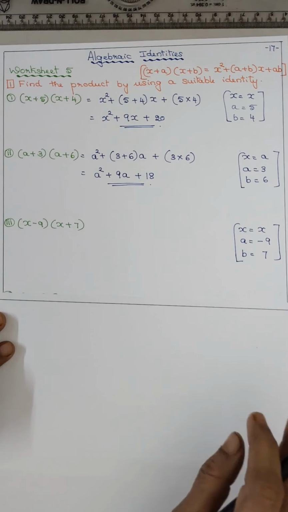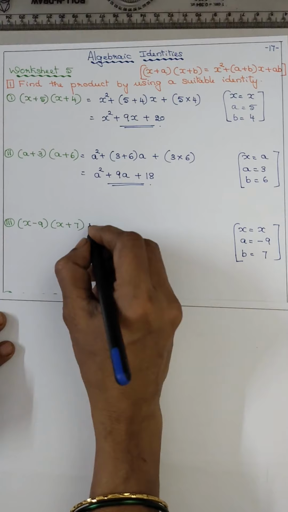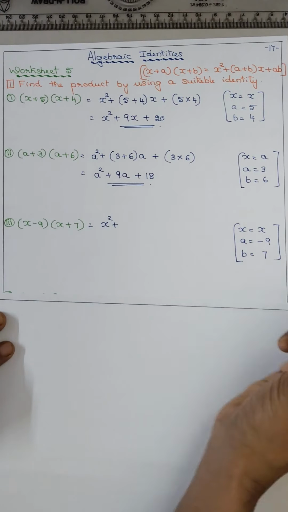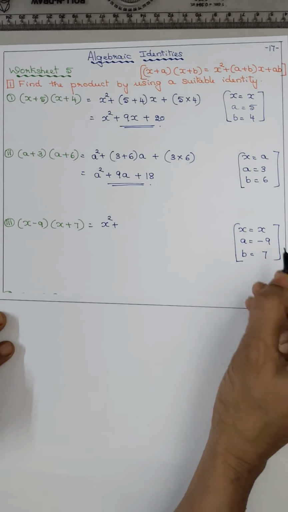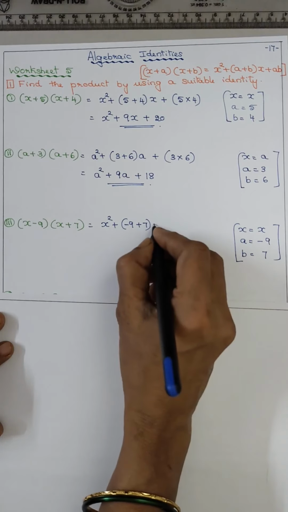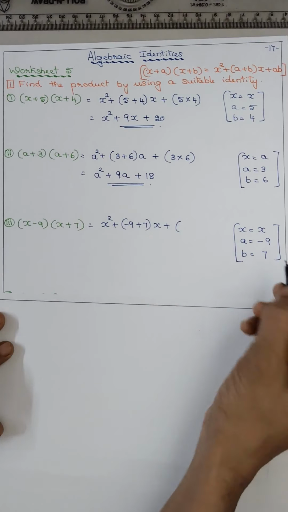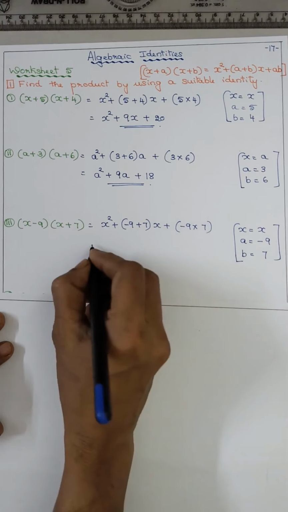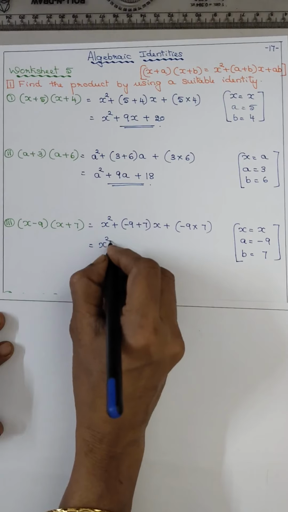But otherwise in the exam you have to identify. So x² plus (a + b), but here a is minus 9, b is plus 7, into x, plus ab, that is a into b.